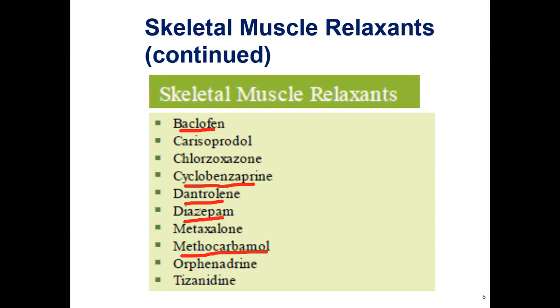Imagine diazepam: it is a tranquilizer, the medication we use for anxiety. A psychiatric medication can work as a skeletal muscle relaxant. So one medication, two kinds of uses, right? We can use it for anxiety, we can use it for stress. At the same time, it has a skeletal muscle relaxant effect.